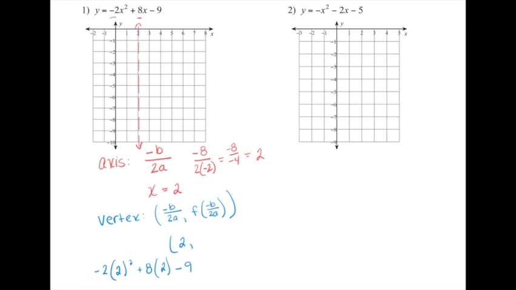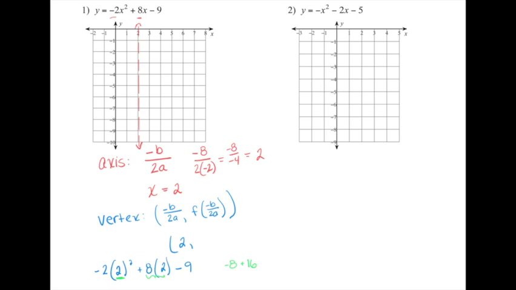And then you just do order of operations. Remember, we're going to do exponents first, then multiplication, division, then addition, subtraction, okay? We don't have any grouping here. So in this case, I'm going to take this 2 and square it. So 2 squared is 4 times negative 2. I have a negative 8 plus this 8 times 2, 16.